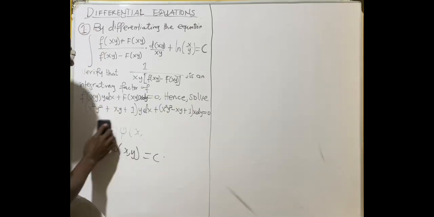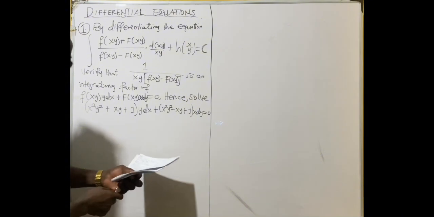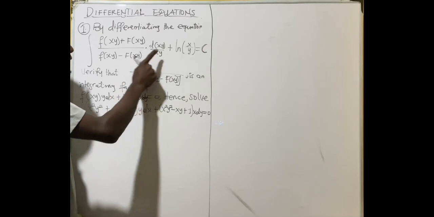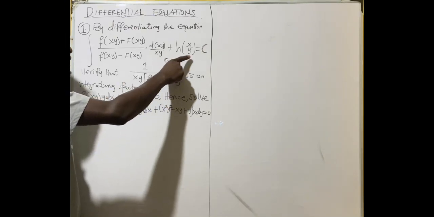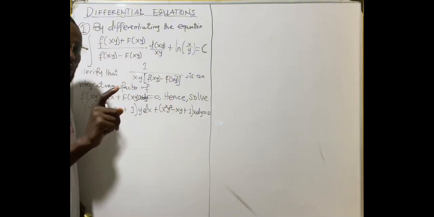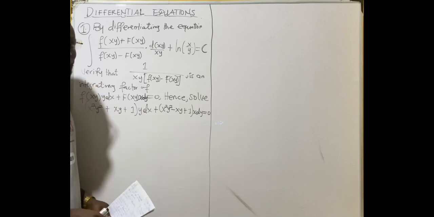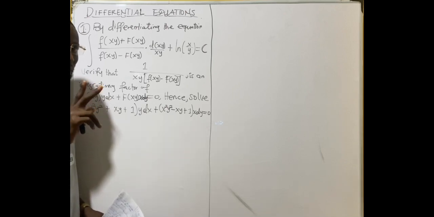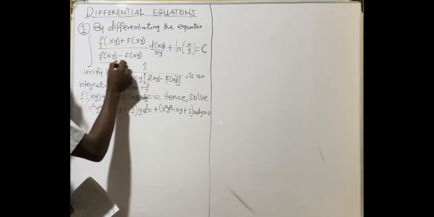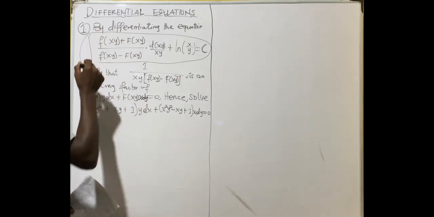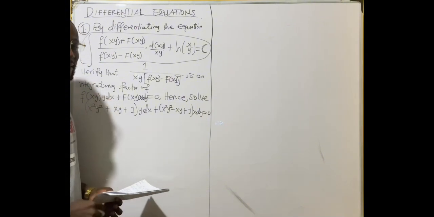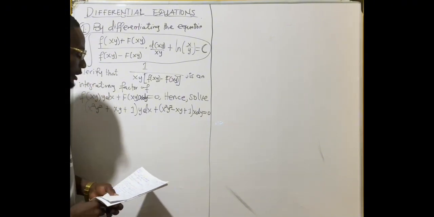So the problem is by differentiating the equation: integral of this function plus ln of x over y equals C. The equation that we see here depends only on the product of x and y.